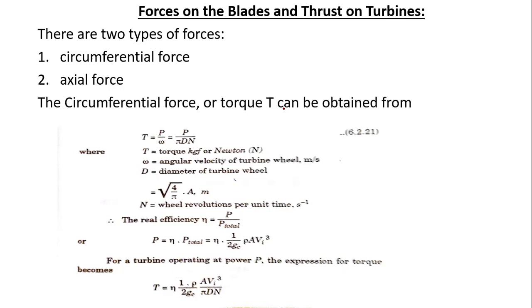There are two forces acting on the blades. First is the circumferential force and second is the axial force. The circumferential force acts in the direction of wheel rotation, which provides the torque. The second one is the axial force.